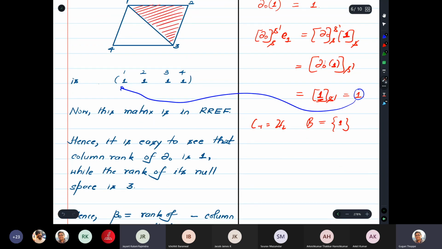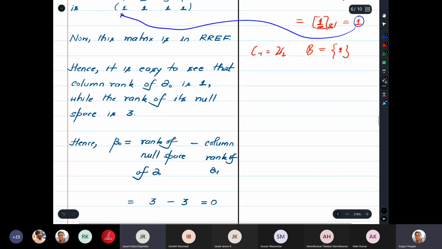And now one can again talk about the column rank of this matrix and the rank of the null space associated with it. One can immediately see that this is in row reduced echelon form, and since there is only one pivot column, the column rank of Daba 0 is actually 1, whereas the rank of its null space, from the rank nullity theorem, will be 4 minus 1, which is 3.